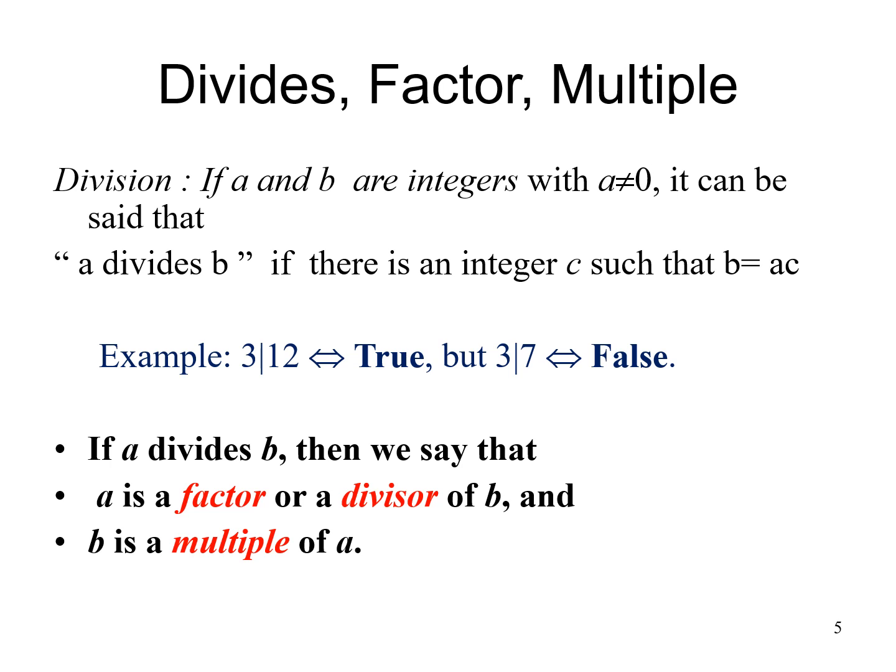Next, we can see what is meant by divides operator, factor and multiple. If a and b are integers with a not equal to 0, it can be said that a divides b if there is an integer c such that b is equal to ac.